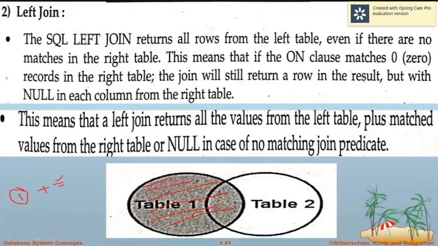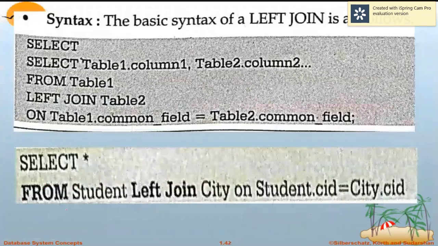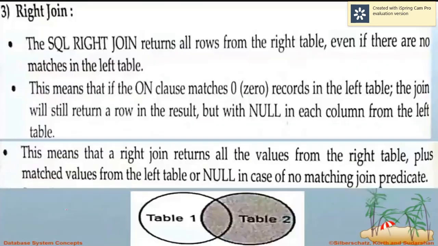That will be my output. If you find any empty domains where the value could not be found, in that case null will be displayed.